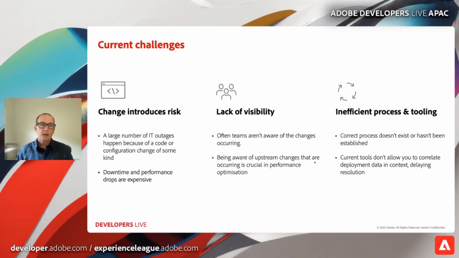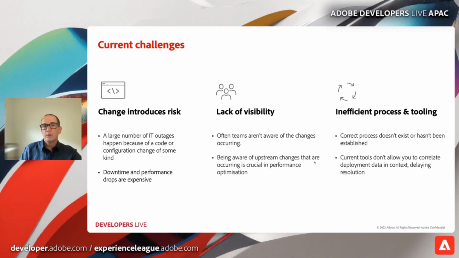So lack of visibility is the other one. Often teams aren't aware of the changes occurring or the level of detail in the change. Being aware of upstream changes that are occurring is crucial when you're optimizing performance on any system. Inefficient process and tooling is another challenge that people may face.